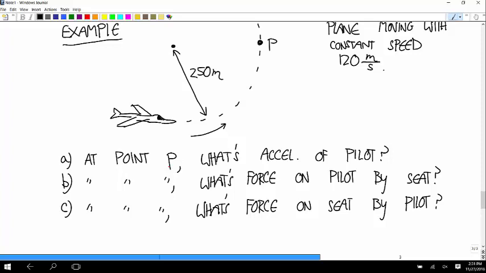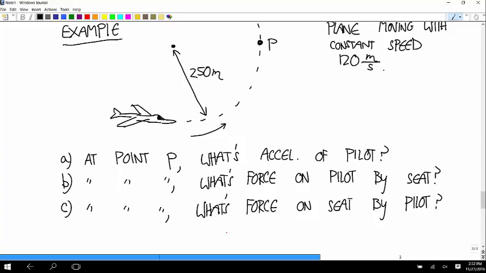So that's a calculation that people would do all the time. And then you can't really think of a super practical reason why you would want to calculate the force the seat applies to the pilot, except as you're putting components into the plane, you're choosing how to build the seat.